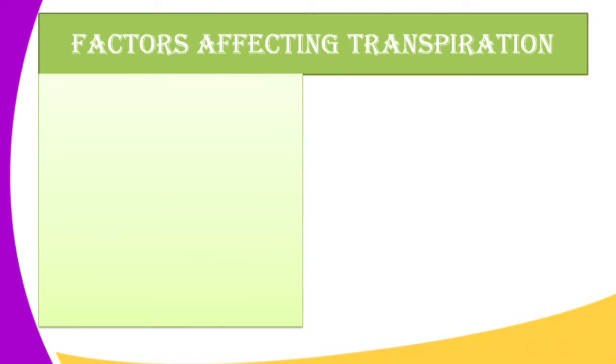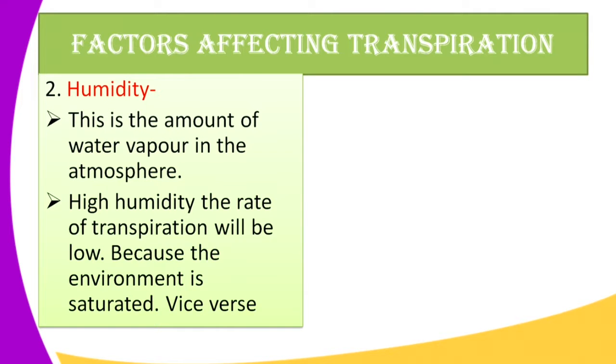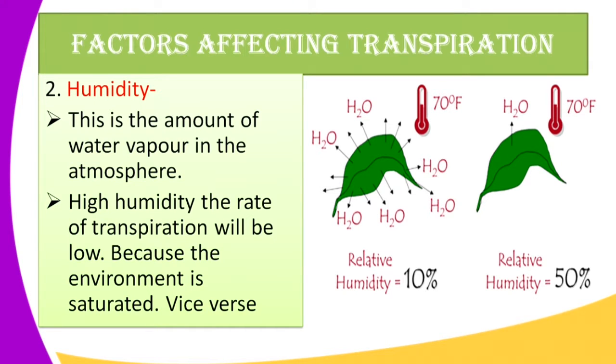The next factor, which is external, still affecting the rate of transpiration, is humidity. So what is humidity first of all? This is the amount of water vapor that is found in the atmosphere. So when there is high humidity, the rate of transpiration will be low because the environment is saturated.